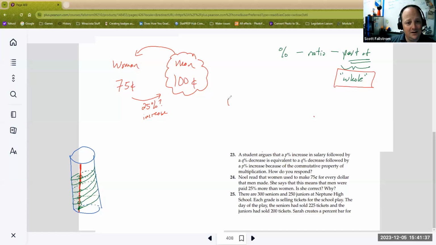That would mean that women are what we are looking at as the future part, and man is what we started with. So we would say women make 25% less than men. That's how we would phrase it. That statement would be correct based on what you see here with these numbers.